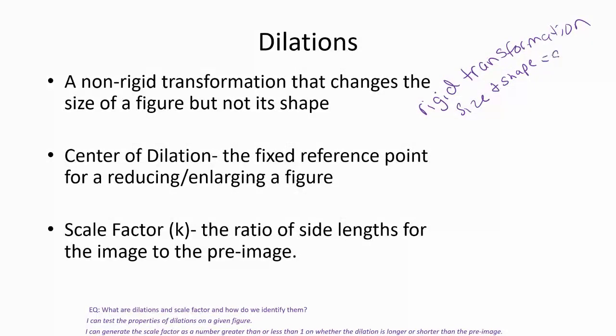They're going to be the same. So if we have two figures, the size is going to be the same, the shape is going to be the same. That would be a rigid transformation. So that was like your reflections, your translations, and your rotations.